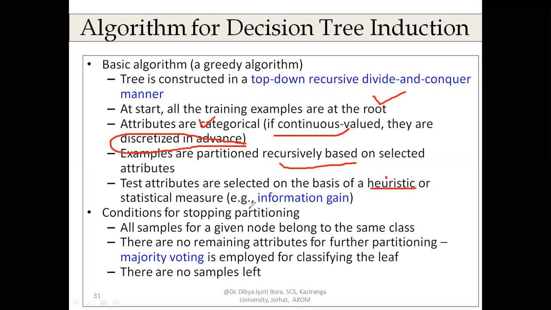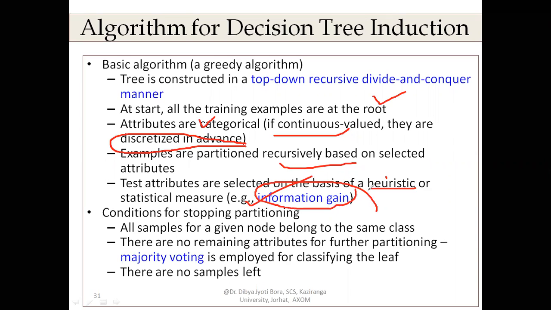But based on what criteria do we apply it? Those conditions are some heuristic measures. And based on whether we use a different type of heuristic or statistical measure, we'll have different types of decision tree. I'll show you the classification. So the first such measure is entropy or information gain.